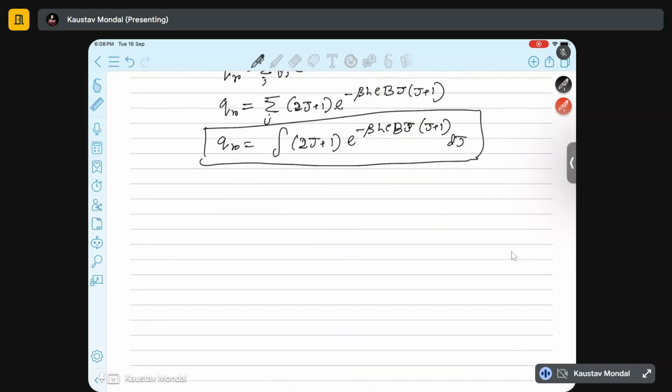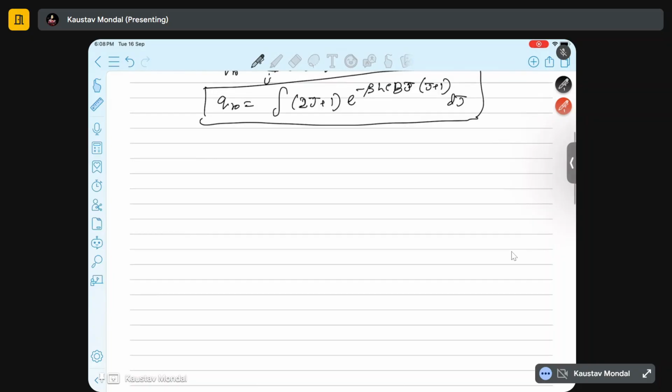After that, we have simplified this whole thing, and we have established that if the experimental temperature, that is denoted here by the T that comes in the beta factor, is higher, then QR takes the form of 1 by beta hcB, right?